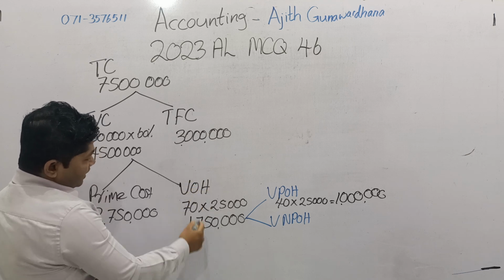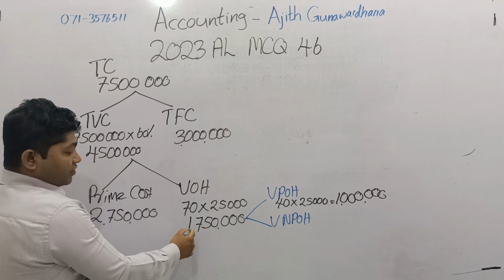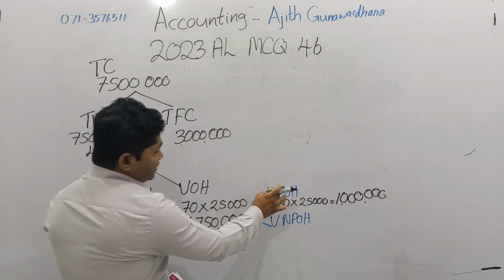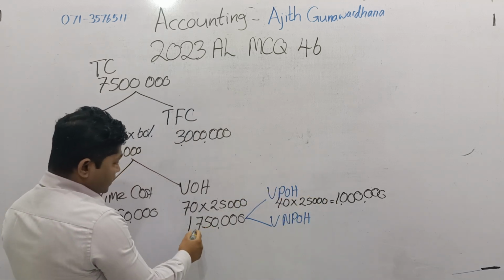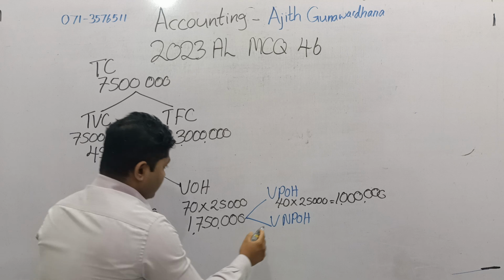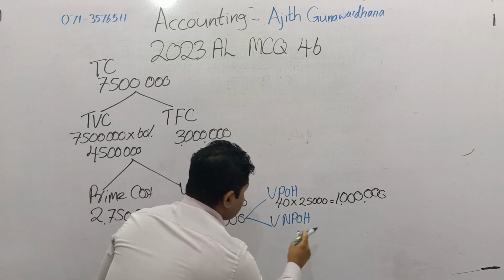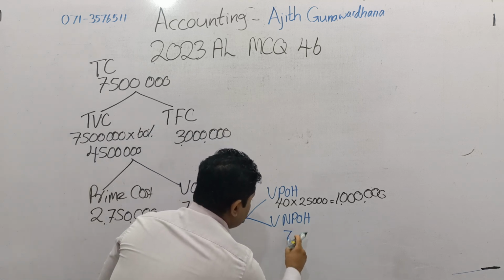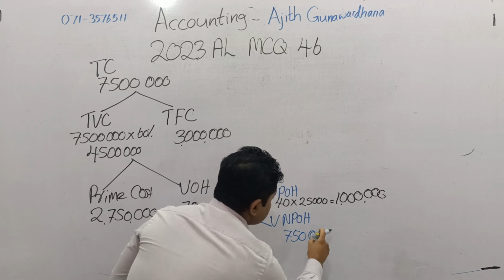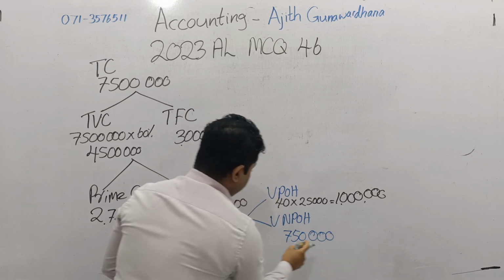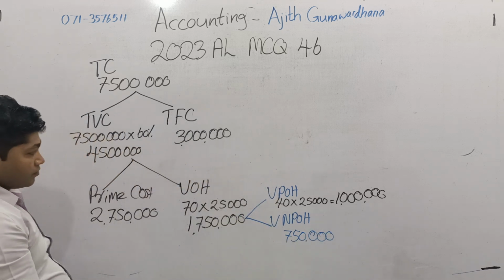Total variable overhead equals 1,750,000, but this includes the variable production overheads. Therefore, this one minus this one, the balance, variable non-production overheads, equals 750,000.